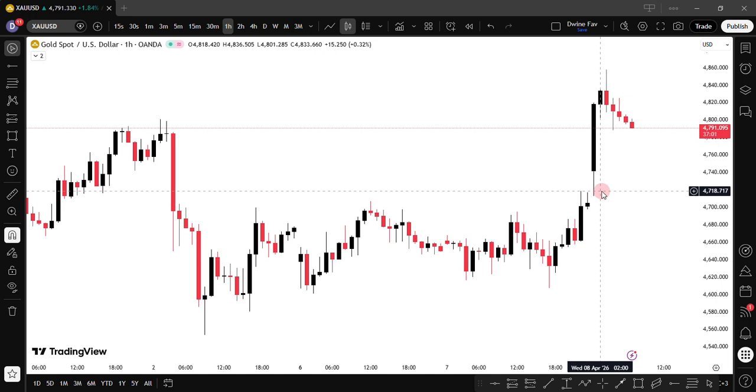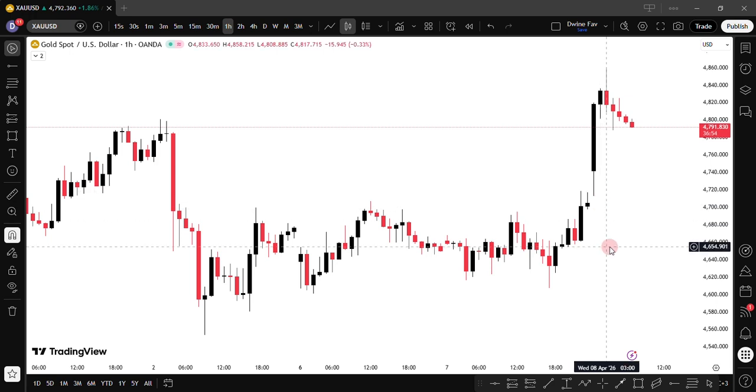This is nice. So you can get in at 4708, SL just below this 4691, and TP all the way up.